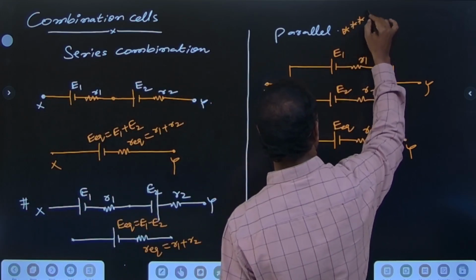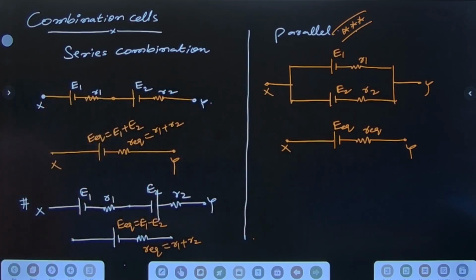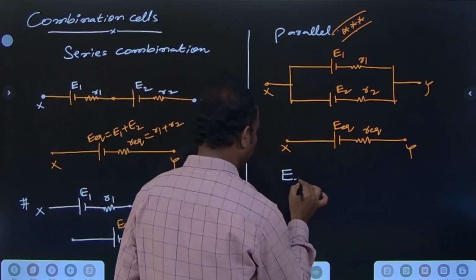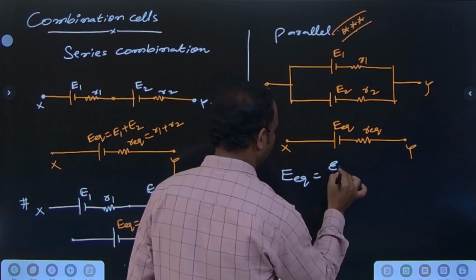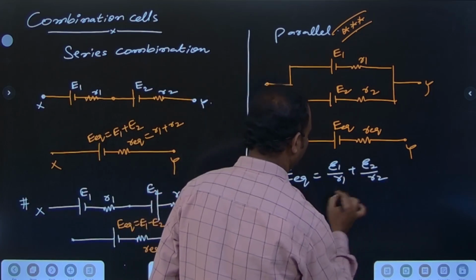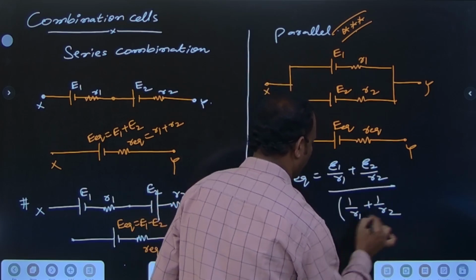Many times this model was there. When they are connected in parallel combination, what is the equivalent? E equivalent is equal to E1 by R1 plus E2 by R2, divided by 1 by R1 plus 1 by R2.